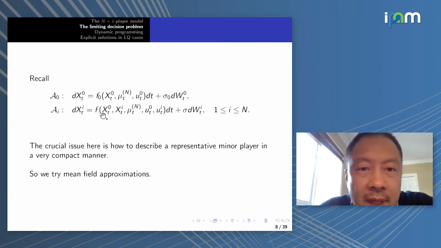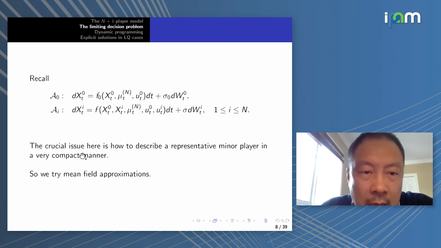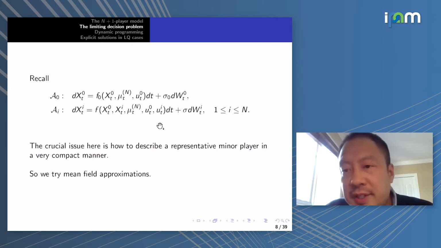From the equation we can see, each individual minor player is interacting with a huge group of other minor players. So it's a very complicated interaction. Here, what we need is to find a more compact specification. But we need to do a little bit of abstraction, and we do that by mean field approximations.